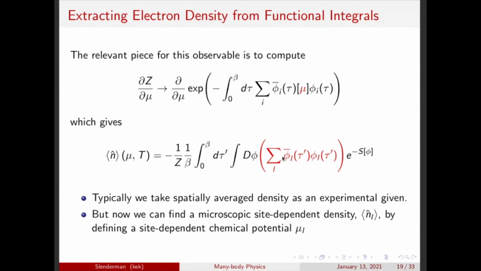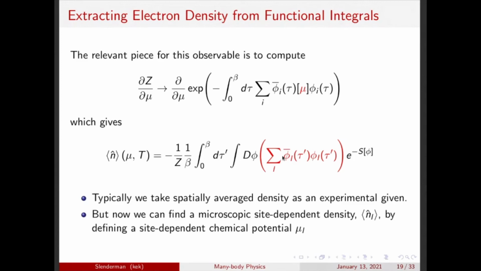As I mentioned, this is like x squared, or absolute value of x squared, times e to the minus S of x, where S is some function. Yeah, no, S is a proper functional, but this is not a functional in the brackets. Right. Exactly.